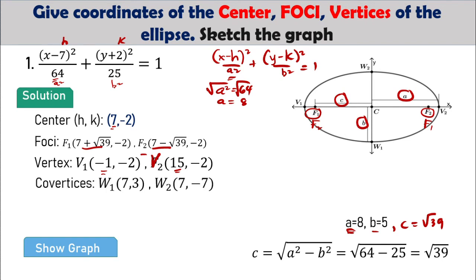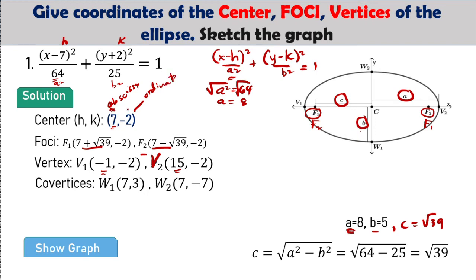Then the co-vertices. The co-vertices are given by B, the distance from the center to the co-vertices. We add and subtract on the ordinate. This is the abscissa of the center, and this is the ordinate.